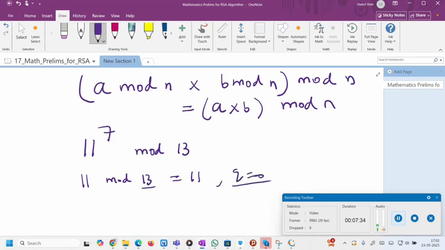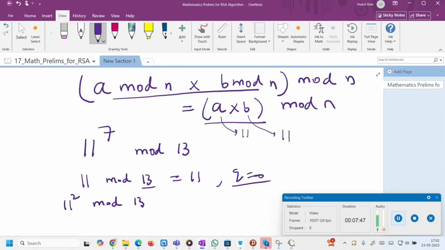Now what about 11 square mod 13? We'll use this result. You see here a is 11 and b is 11.